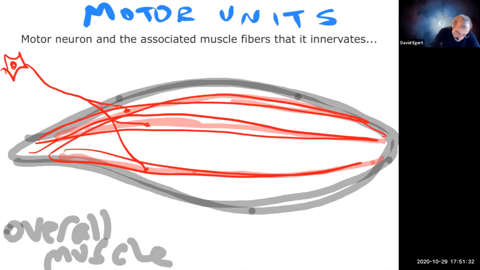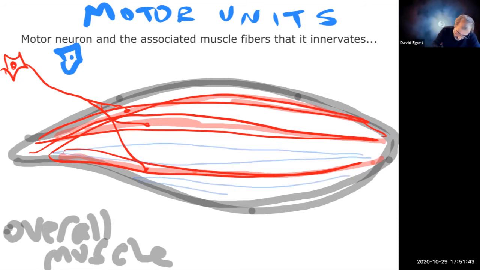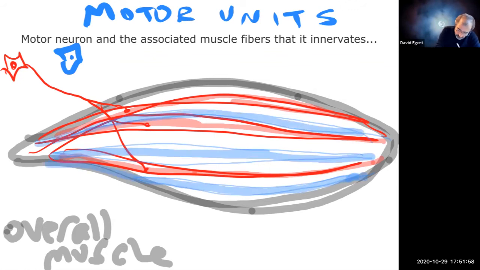Let's do a blue motor unit. So here are all my blue. This is coming down and it's innervating that one and that one and that one. And then maybe we'll have a green one.